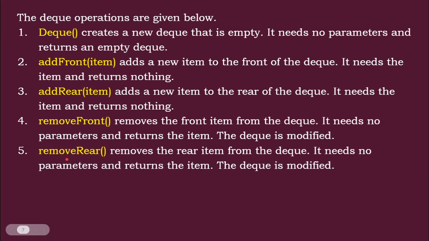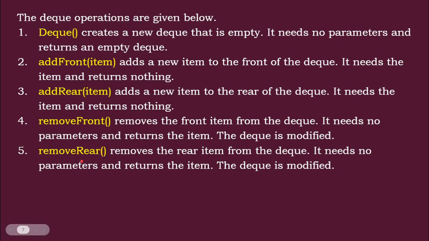Same way we have remove rear. This function removes the rear item from the DQ. It needs no parameters and returns the item. The DQ is modified. So same here: we are removing the value from the front end, and here removing the value from the rear end.